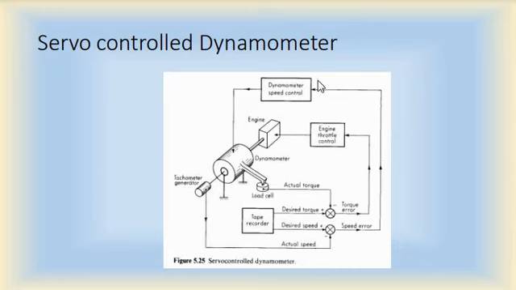Next, let us move on to the servo controlled dynamometer. Here you can see the figure of the servo controlled dynamometer. You can see a dynamometer, engine throttle control, dynamometer speed control, tachometer generator, load cell, a tape recorder and a comparator. In the tape recorder, the recordings of engine torque and speed, measured under actual driving conditions for an automobile, are stored.